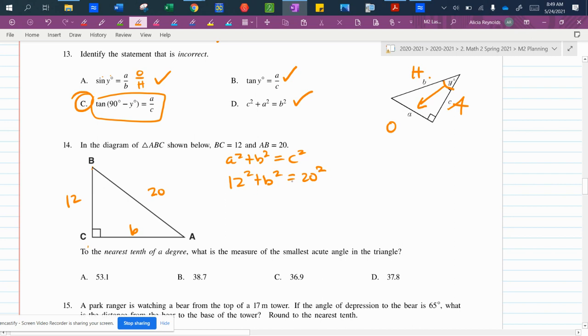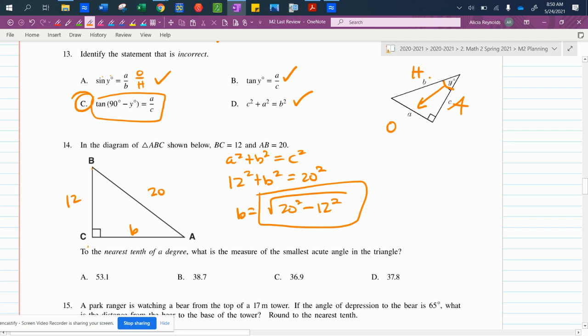So if I want to solve for b, B is going to equal the square root of 20 squared minus 12 squared. We can put this in Desmos.